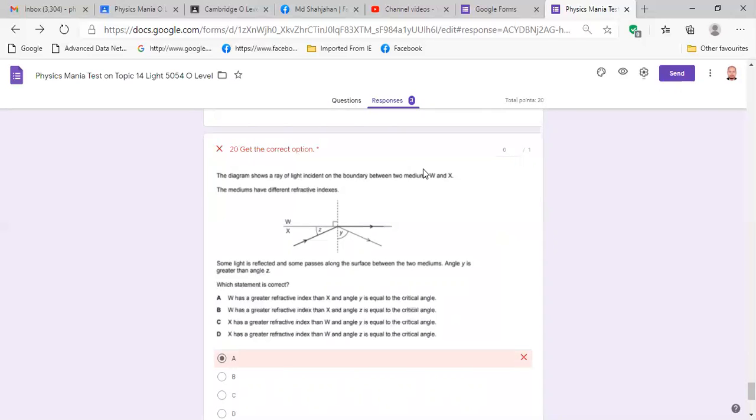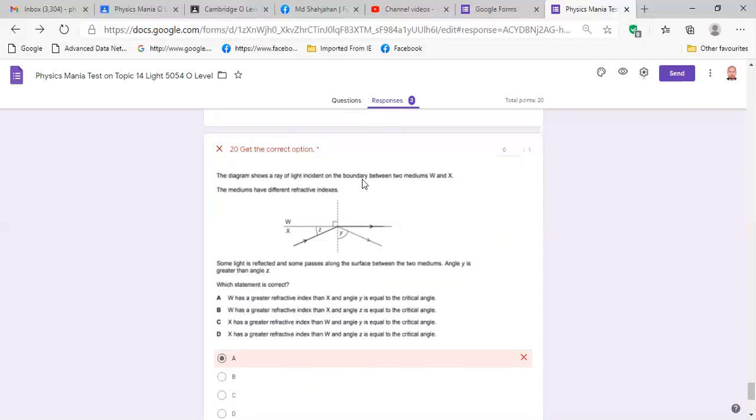Which statement is correct? Here one thing we understand: the angle of incidence is the critical angle, because we have here an angle of refraction of 90 degrees.